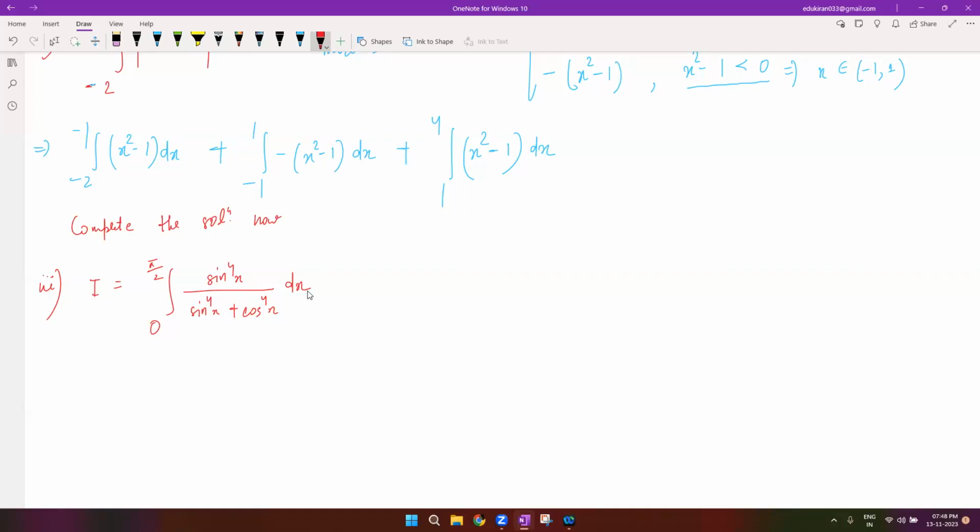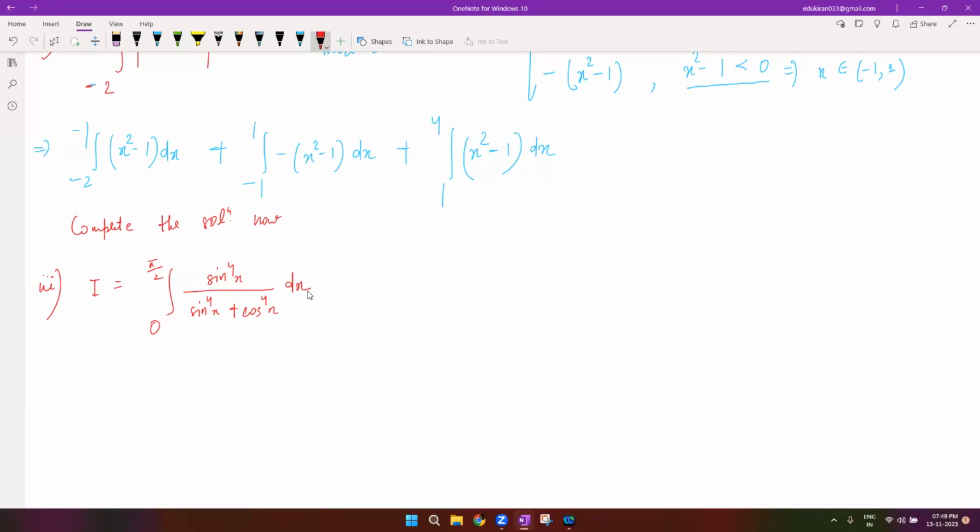So no use of third property, right? Now we have three properties: fourth, sixth, and eighth. Third will be used in piecewise. We don't know about fourth and sixth, and we also don't know about eighth, right? But the thing we know about eighth is eighth will only be used if the limits are from minus a to a. There is no minus a to a here.